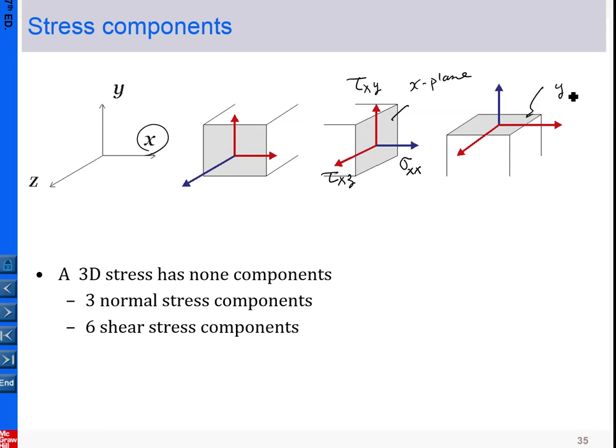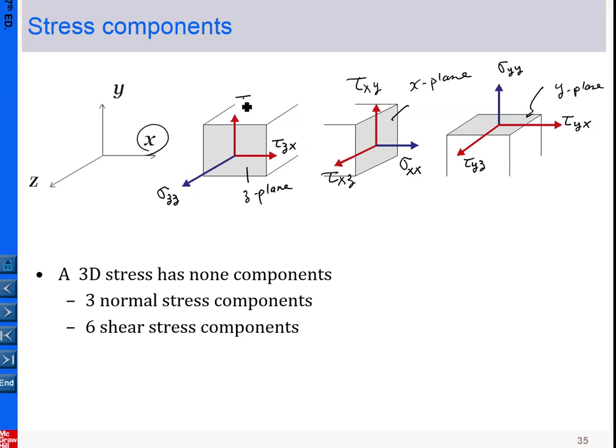So we can have more exercise. This is the y plane. In the y plane, this is the normal stress pointing to the y direction. This is the shear stress in the y plane pointing to the x direction.